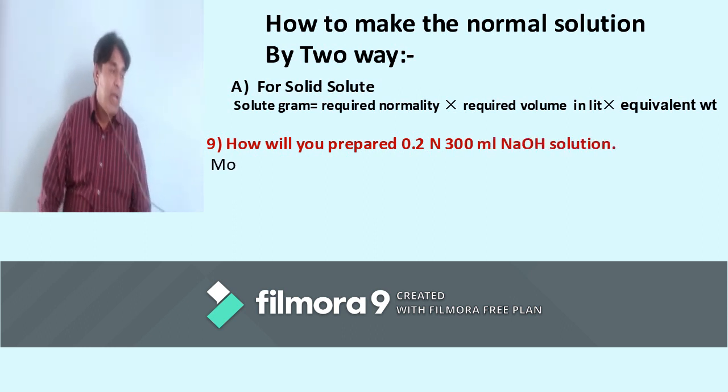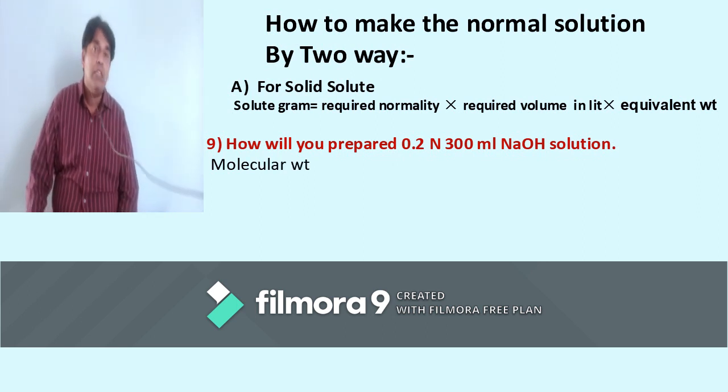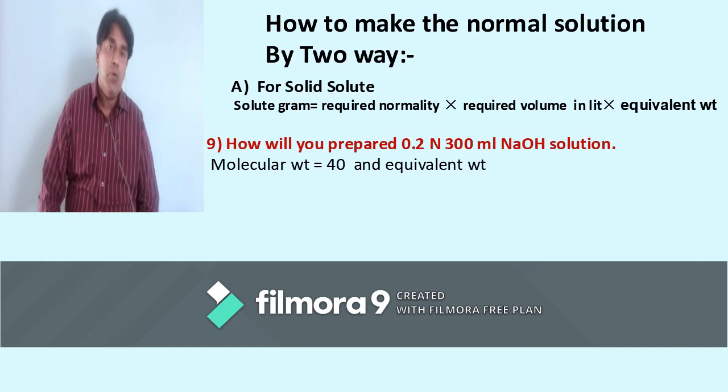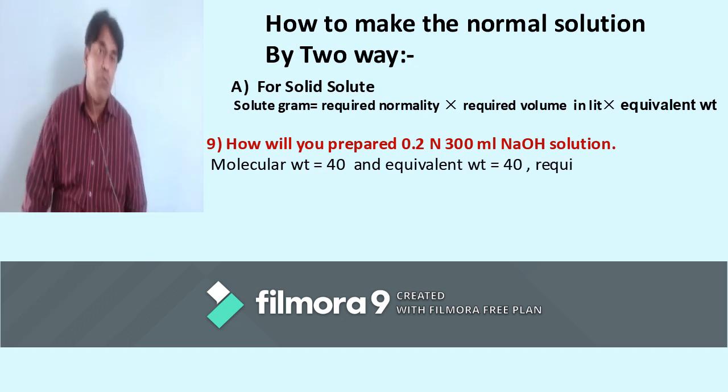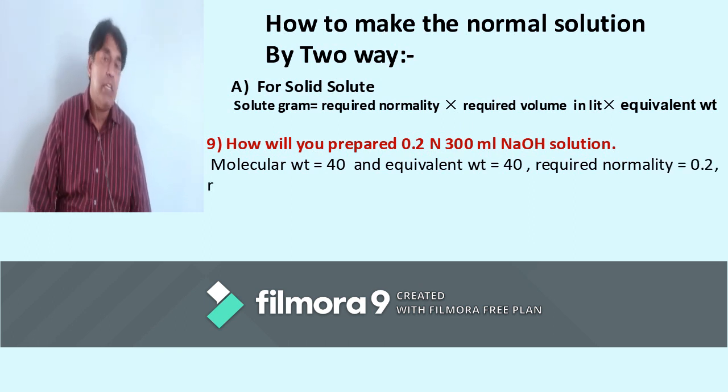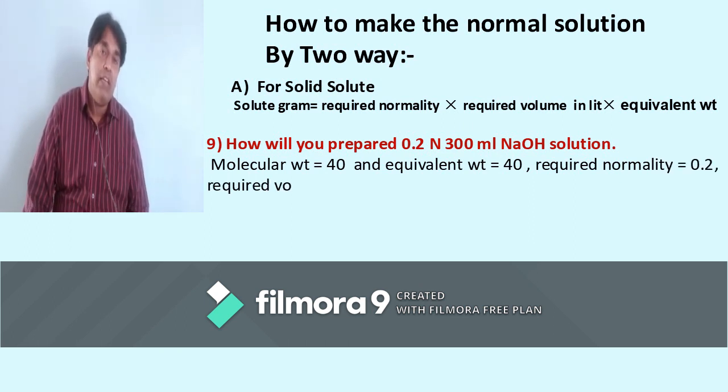How will you prepare 0.2 normal 300 ml NaOH solution? We know that the equivalent weight of NaOH is 40. The required normality is 0.2. The required volume is 300 ml, meaning 0.3 liters.